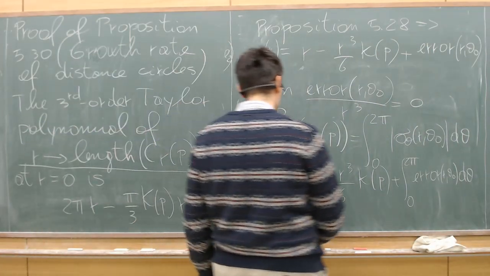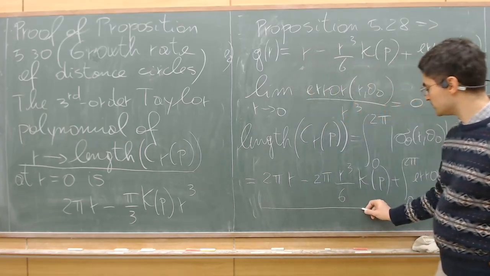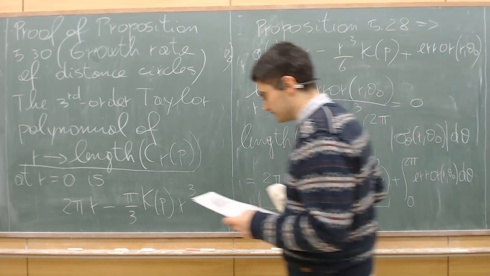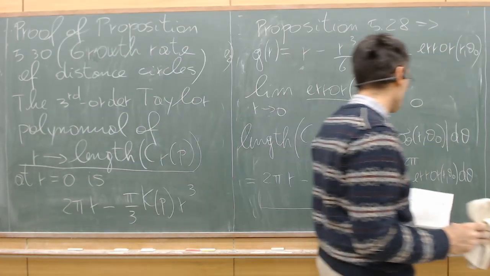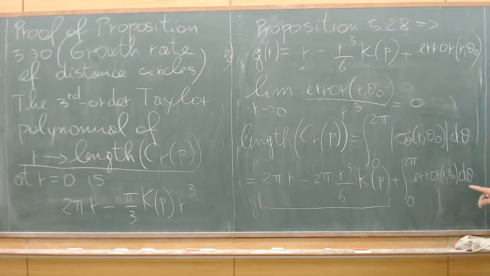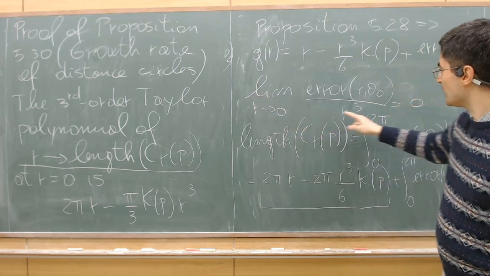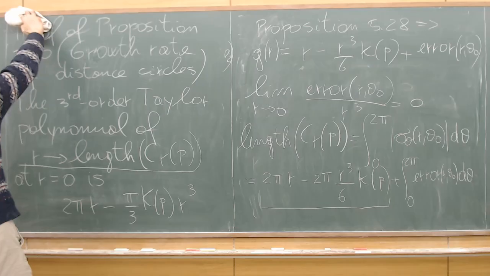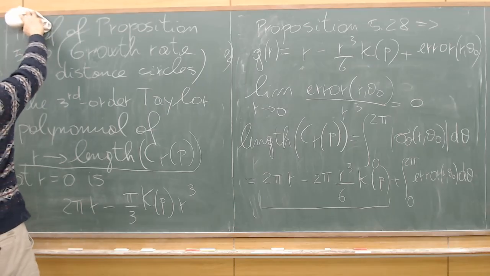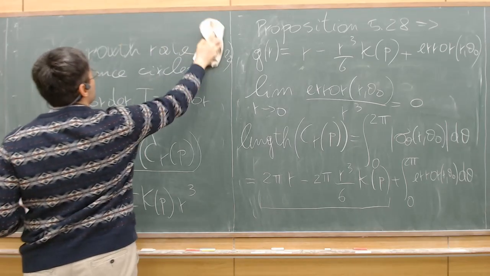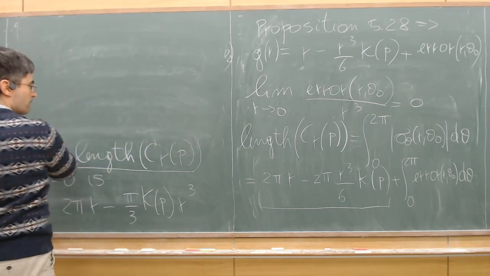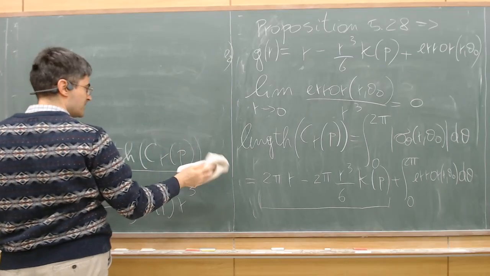Just take the first two summands, because this one is an integral with respect to theta of a function which tends to 0 as described by this formula as r tends to 0. So this is the end of the proof.